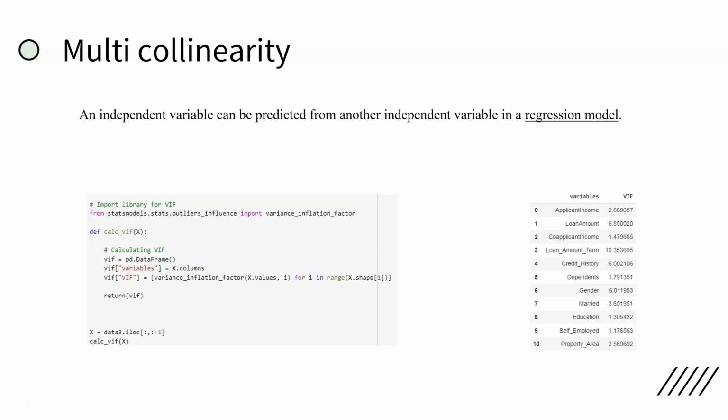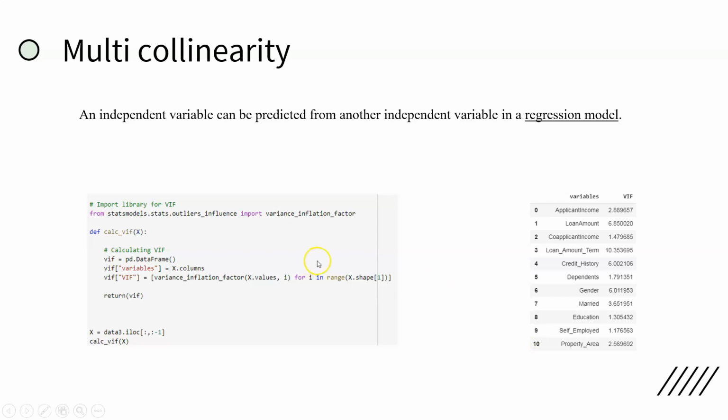If such a relationship exists, it is definitely a big cause for concern. In the previous test we saw there is a relationship, but here I'm going one step further. I'm checking if an independent variable can be predicted from another independent variable. This is known as multicollinearity. For this, we'll be using the concept of variance inflation factor, or VIF.